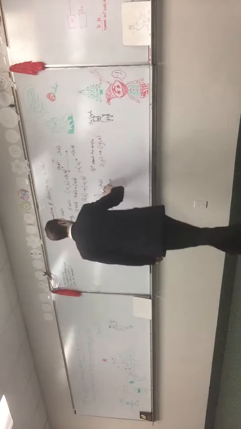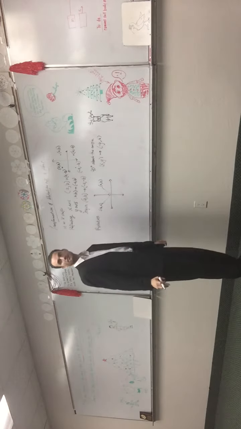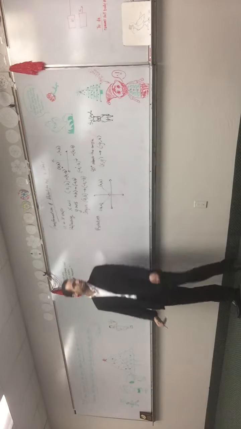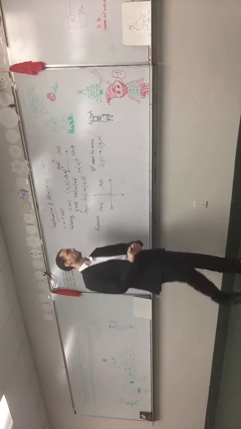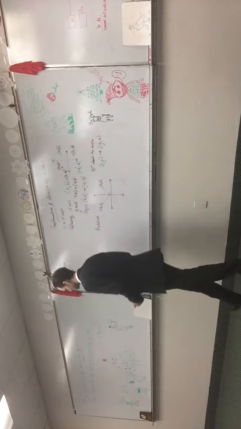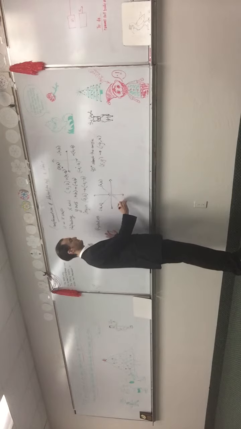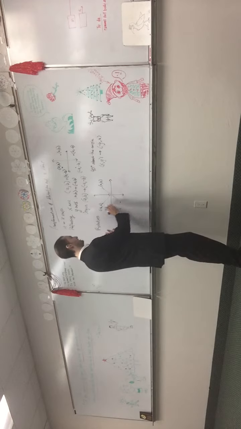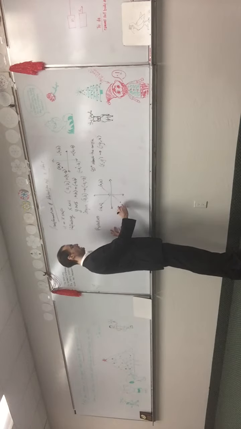So my point AB becomes negative B, A. And if I were to draw an angle between those two, it should be 90 degrees, right? Now what if I rotate another 90 degrees? It would be negative A, because it swaps it, and then negative B.